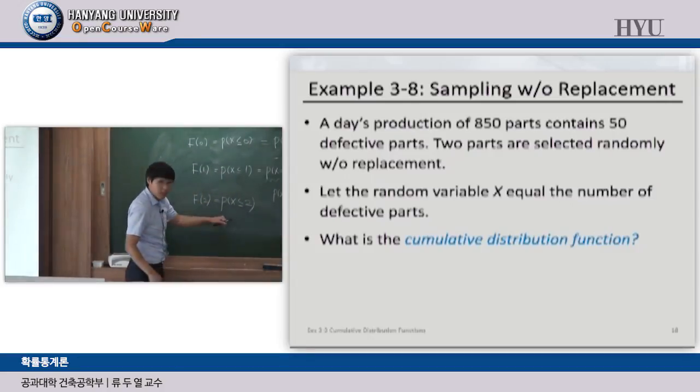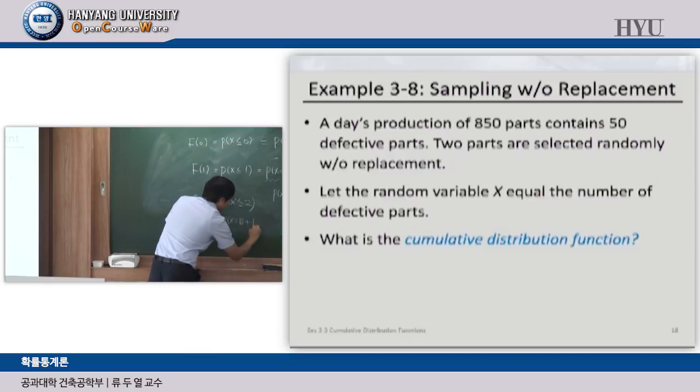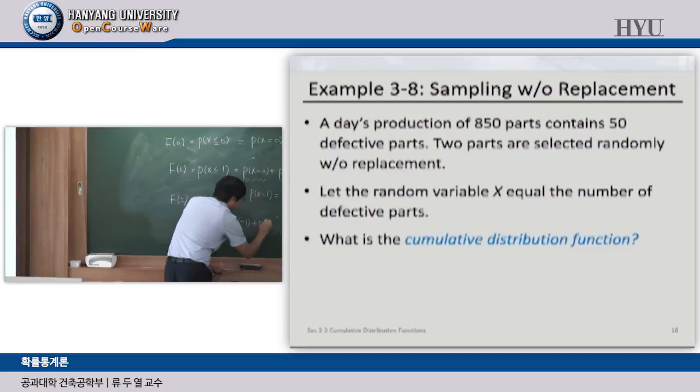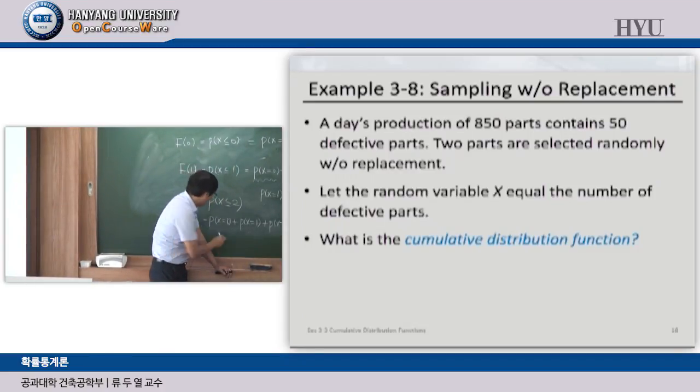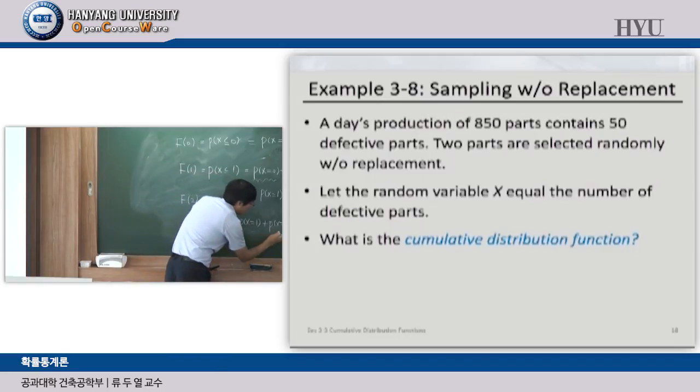And also, we can calculate this. This can be the summation of the probability of x equals to 0 plus the probability of x equals to 1 plus the probability of x equals to 2, right? So we all know about the first and second part here, okay? Because we already calculated from these two equations. So we have to obtain this value.